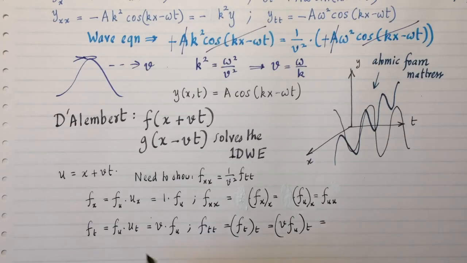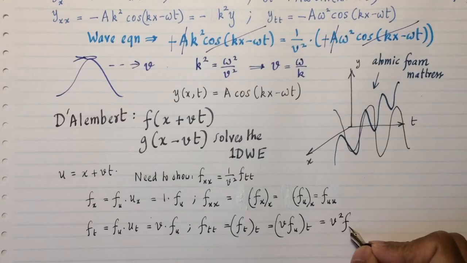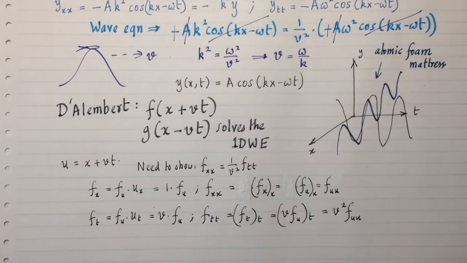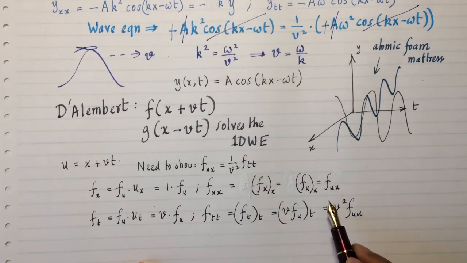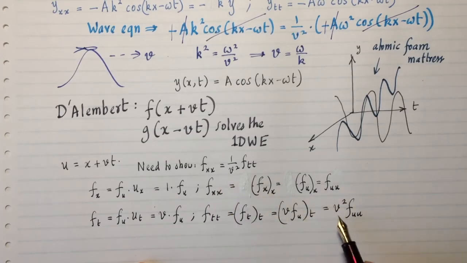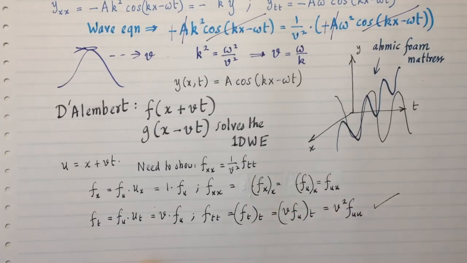The t thereof of anything is v times that function with respect to u. So it's going to be v squared f_uu. So if you substitute this in the wave equation, you indeed see it satisfied, because the left hand side is f_uu and the right hand side is v squared f_uu, but that gets divided by v squared, so it's satisfied.